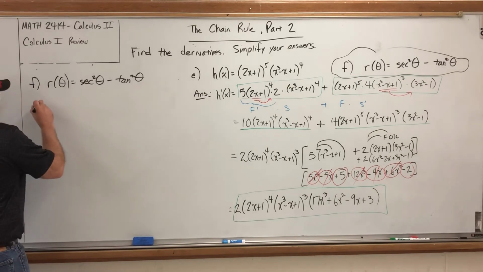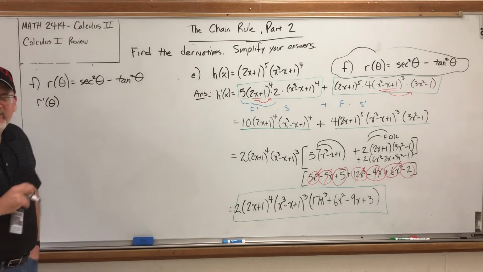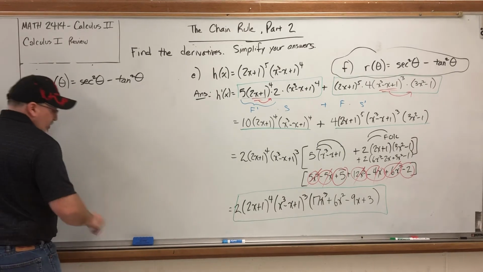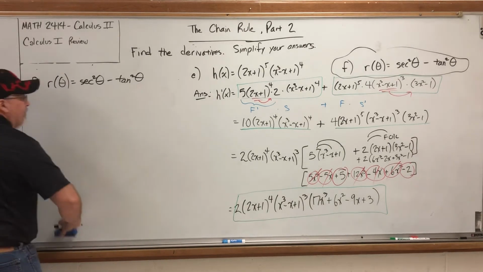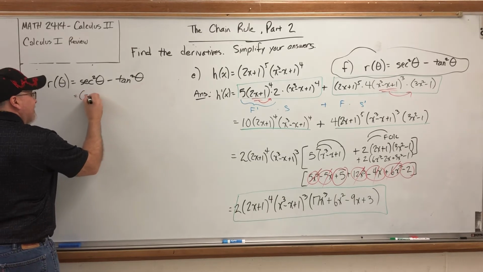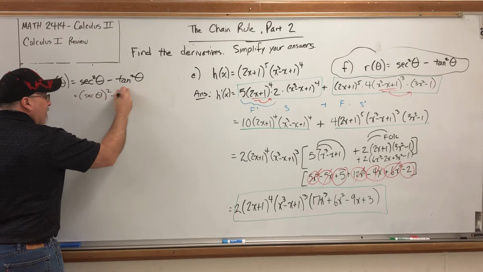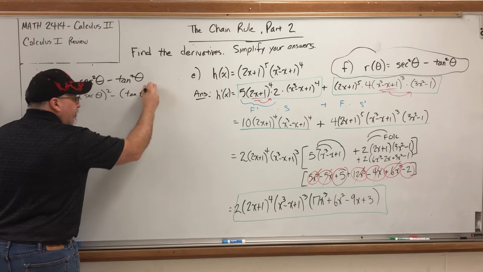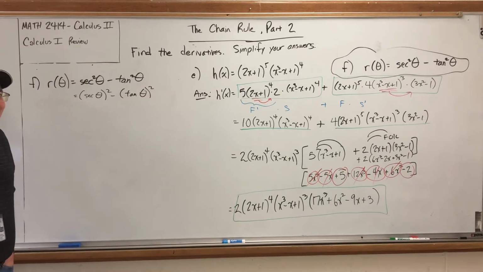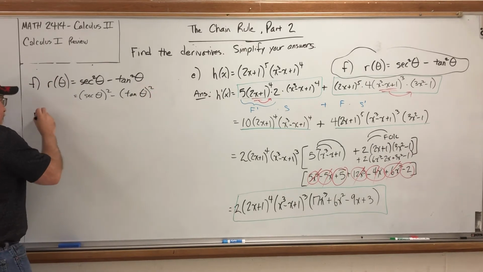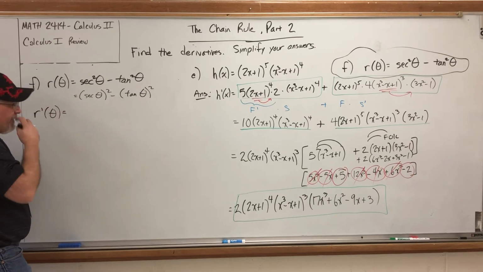All right, so let's find the derivative. Oh yeah, this does involve the chain rule. Actually, before we take the derivative, I think I'm going to rewrite it as secant theta squared minus tangent theta squared, just to emphasize the outside and inside aspect of the chain rule. All right, r prime of theta.